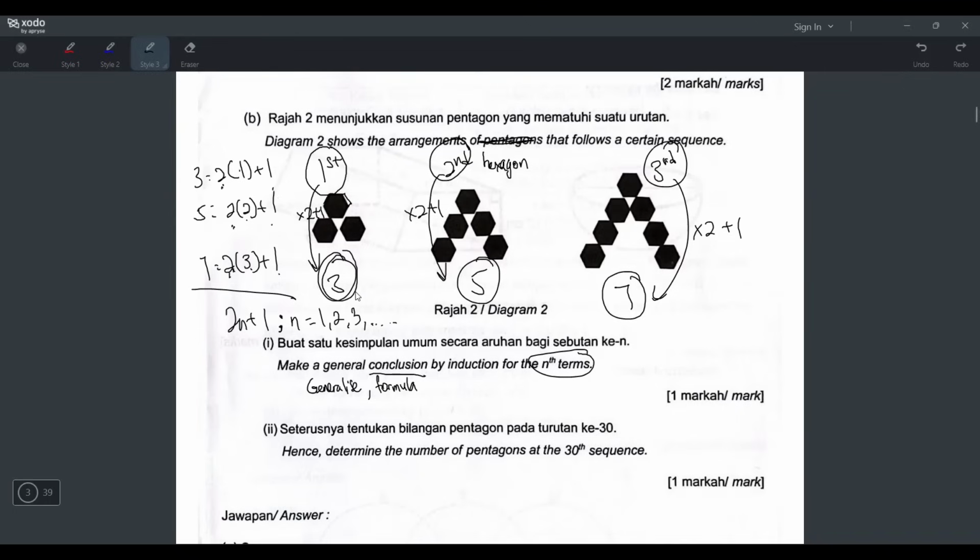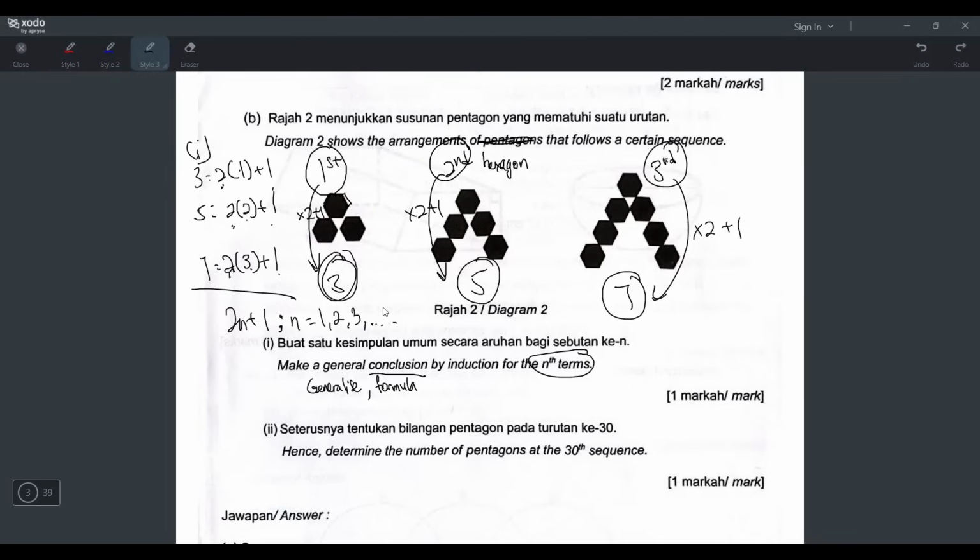One more thing is very important. When you're doing this type of question, asking you to make a conclusion by induction, you have to make sure your n is always 1, 2, 3 or 0, 1, 2, 3. It cannot be 2, 4, 6 or 3, 5, 7. It can only be 1, 2, 3, 4, 5 or 0, 1, 2, 3. It means it has to be consecutive.